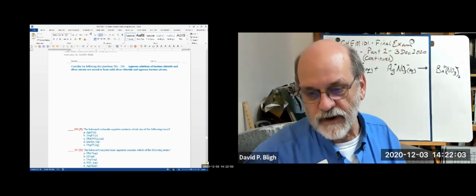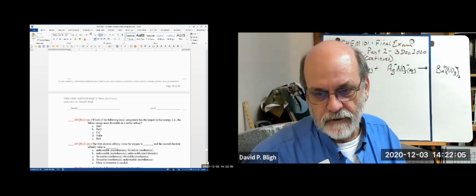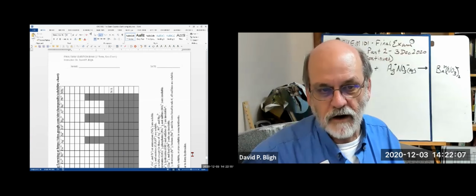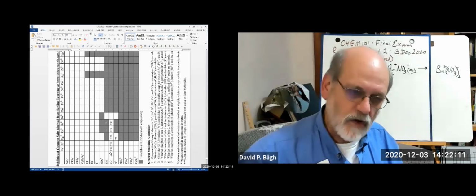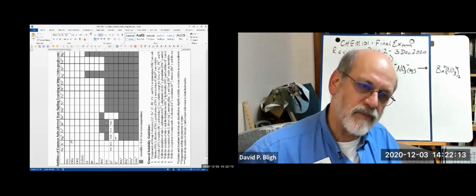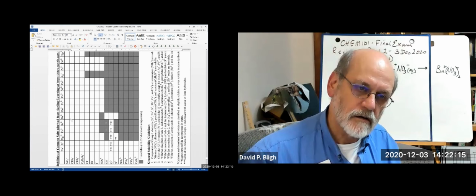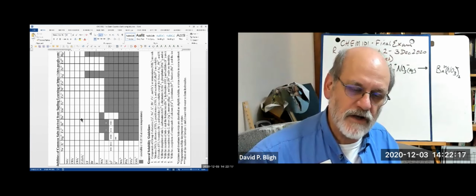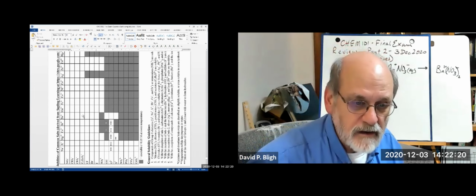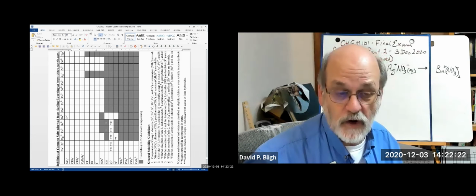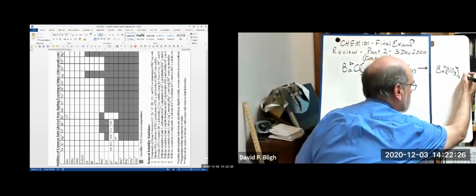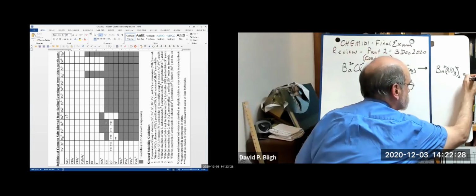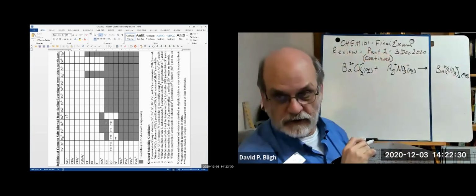So I can come back to the right page. This will be on the final. So there's your solubility chart. Let's see if we can turn our head sideways. Where's barium? Barium's right here. And then you follow it down until you reach nitrate. Well, it's the first one. Barium nitrate is a clear cell, so this is aqueous. It is soluble.